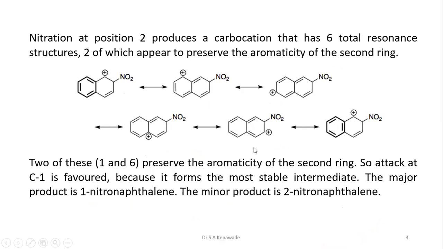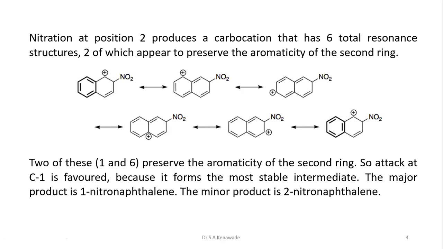Now, nitration at the beta position. Then what happened? We got 6 resonance canonical structures. Among these 6, only 2 canonical structures preserve the aromaticity.